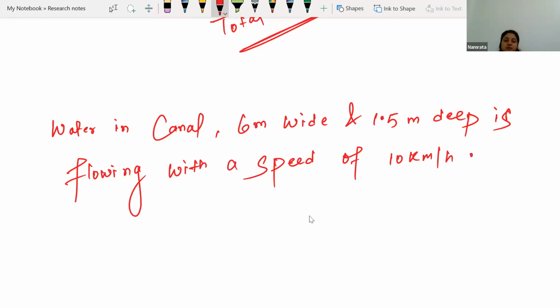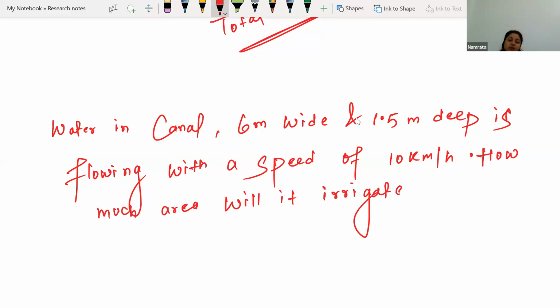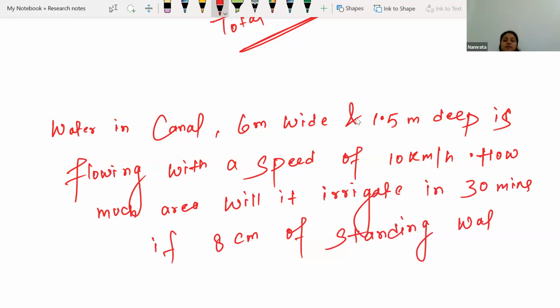How much area will it irrigate in 30 minutes if 8 centimeter of standing water is needed? Okay, this is the question.